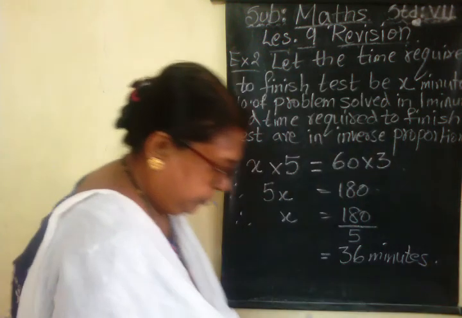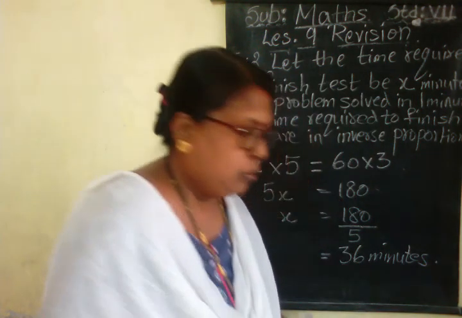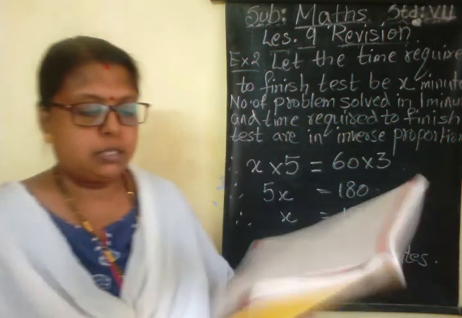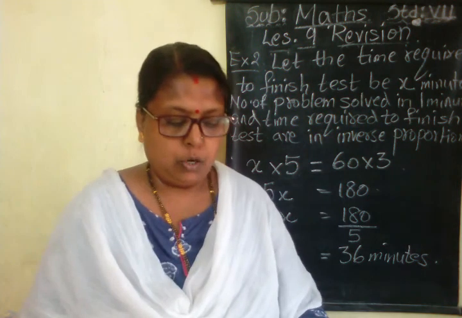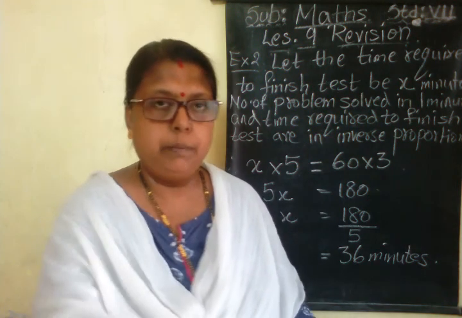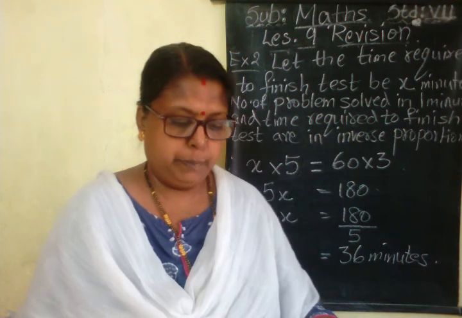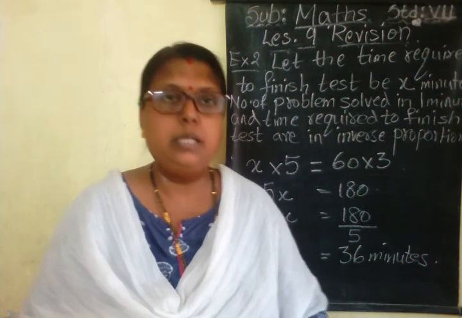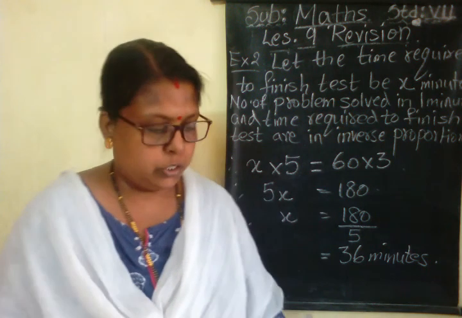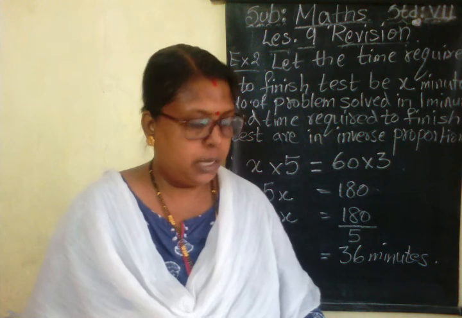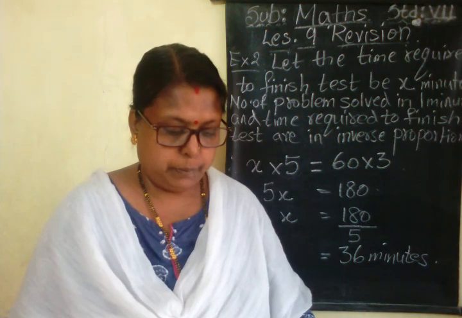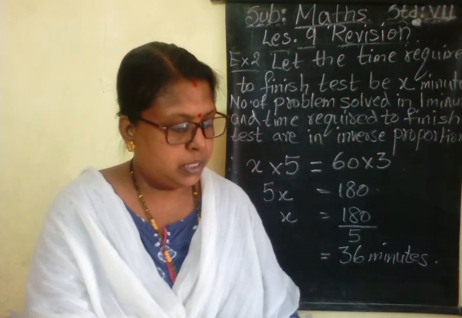So if Ravi solves 5 sums in 1 minute, then he will complete the test in 36 minutes. So children, I have solved the solved examples of direct and inverse proportion.